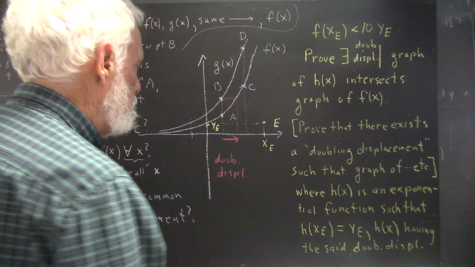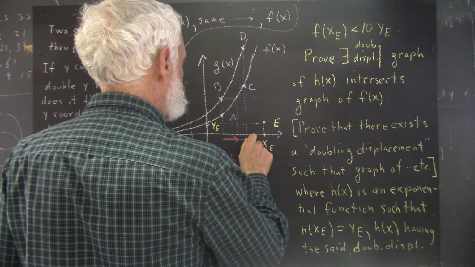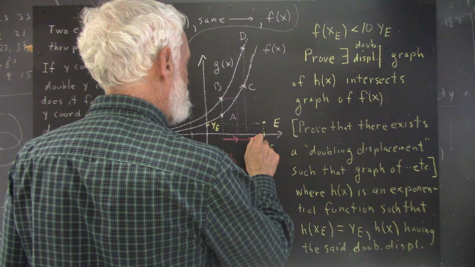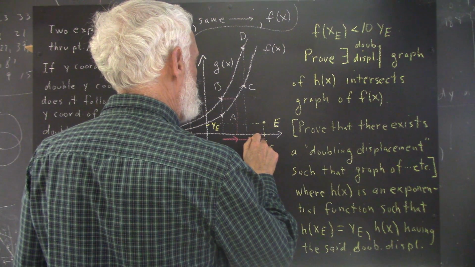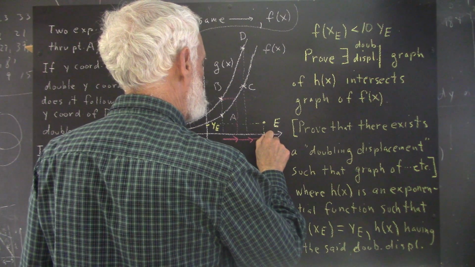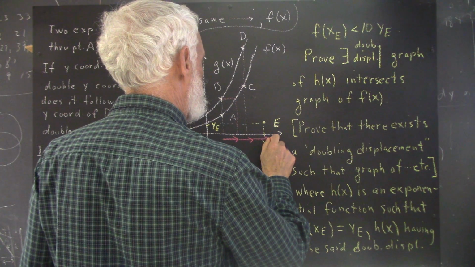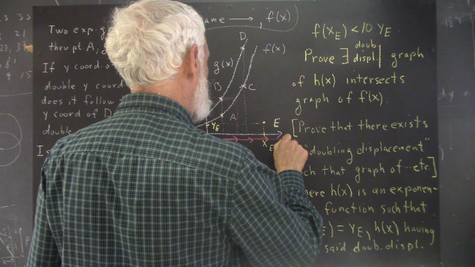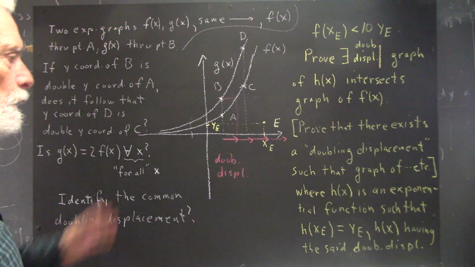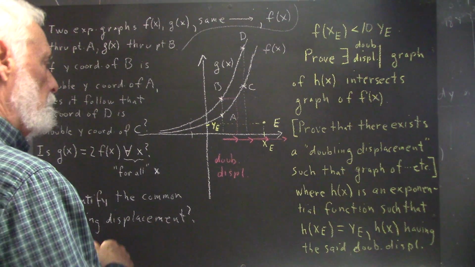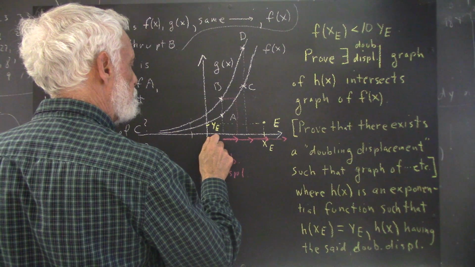Now, if I do the doubling displacement, and again, and even again, well, I'm going to go off the edge of the graph fairly quickly, but of course I can move backwards this way.